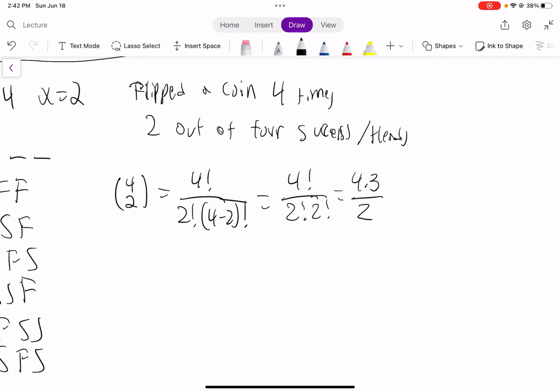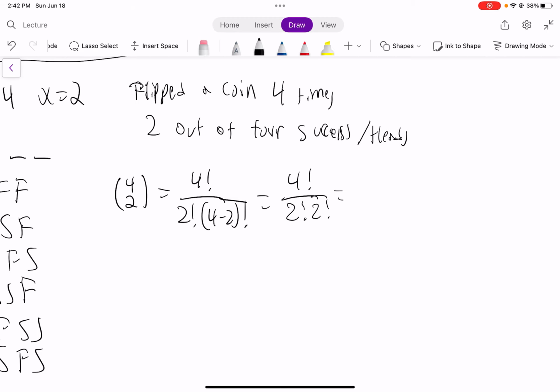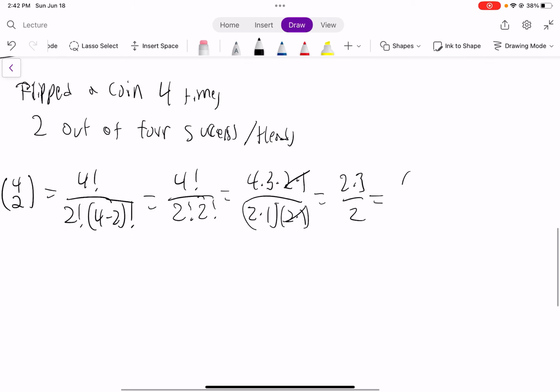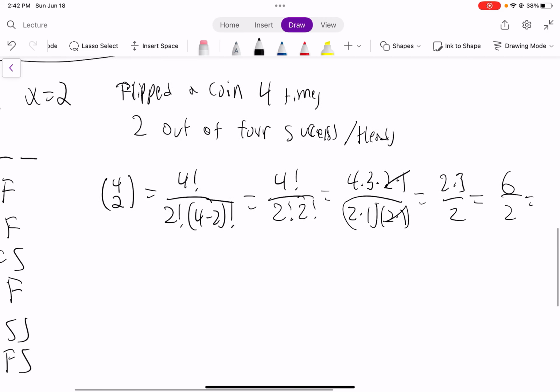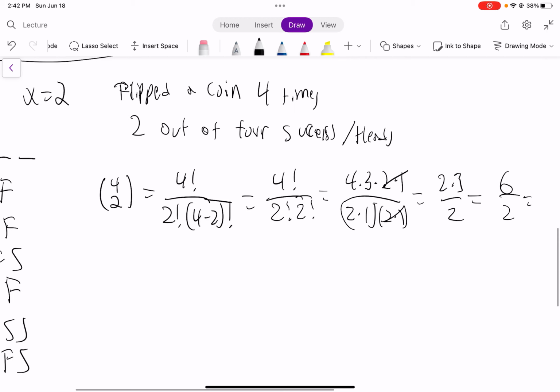Let me not go this fast. This becomes 4 times 3 times 2 times 1, over 2 times 1, 2 times 1. These cancel, so it's 4 times 3 over 2 equals 6 over 2. Wait, I messed up somewhere. Let's see.